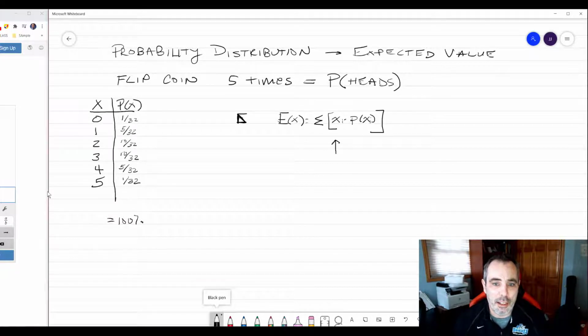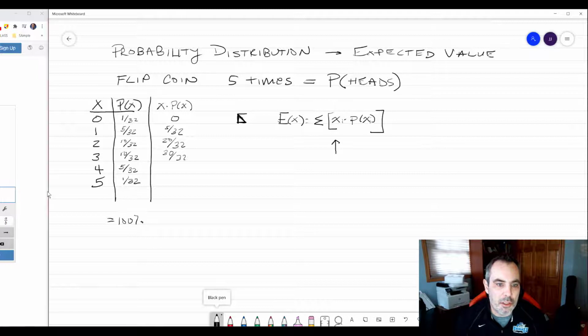So to do that, I would take each of the x's and multiply it times its value. So I'll make a column over here. Here's x times the probability of x. And I just multiply these. That's 0, that's 5 out of 32, this is 20 out of 32, 30 out of 32, 20 out of 32, and 5 out of 32.